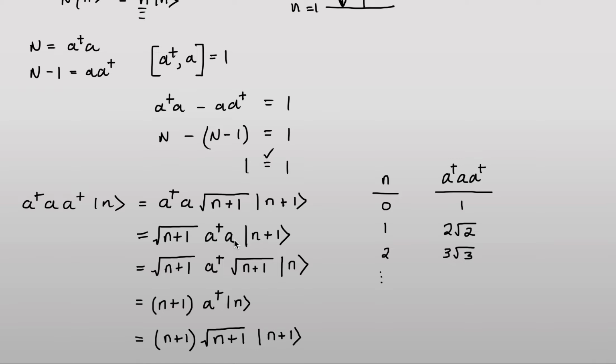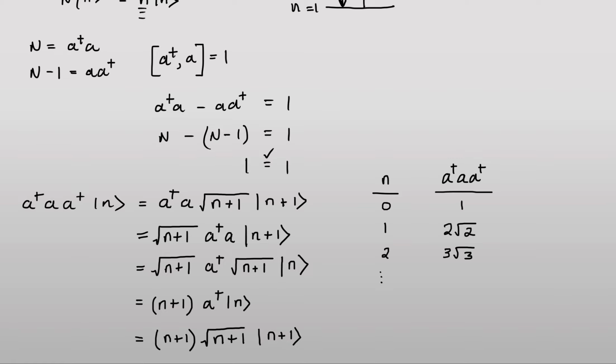That's going to bring us back down to the n state, and its eigenvalue is what was in here initially. This is the eigenvalue of that again. We do square roots because square roots prove this relationship through the number operator. Then we can bring that out, and then we go to the n+1 state.